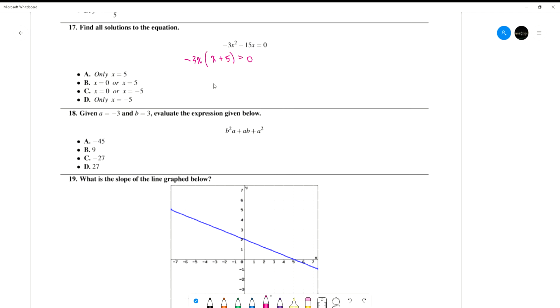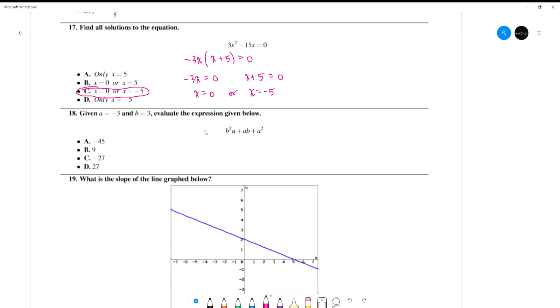Then you set every factor equal to 0. So negative 3x is a factor, and x plus 5 is another factor. So that means x is equal to 0 here, or x is equal to negative 5. So the correct solution would be C.